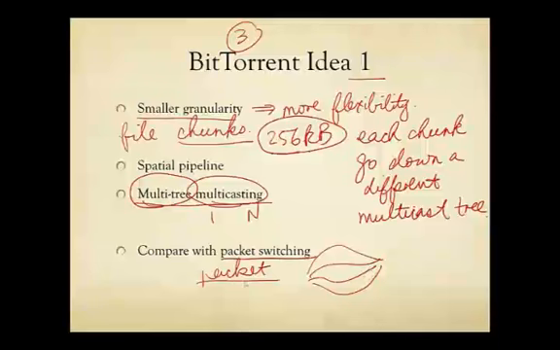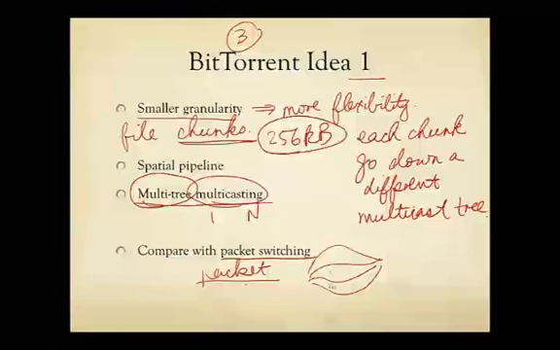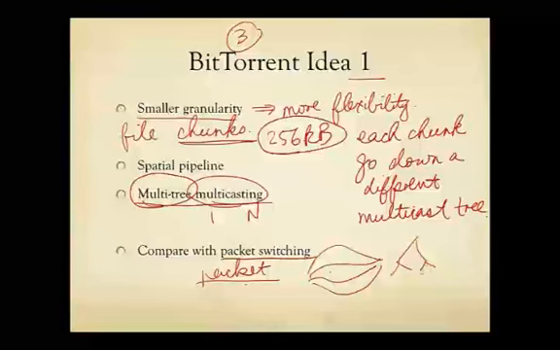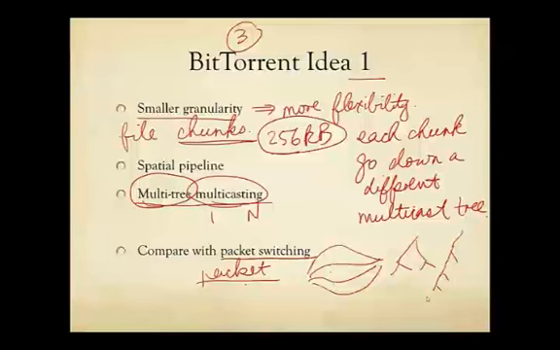And now it is not a packet but a chunk of the file, and it goes down not just multiple paths but multiple trees. So one tree could be like this, another tree could be like this. And it turns out that going down multiple trees, perhaps because of the rich features of the topology called a tree, is actually easier to handle and manage than going down multiple paths as well.